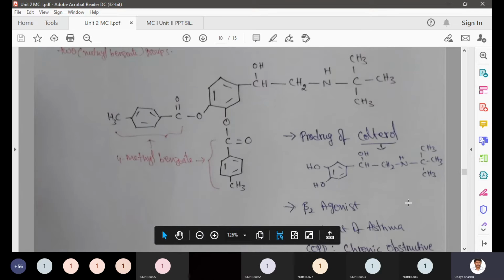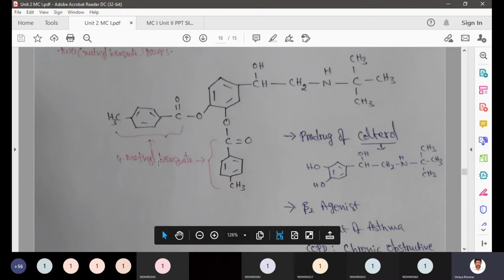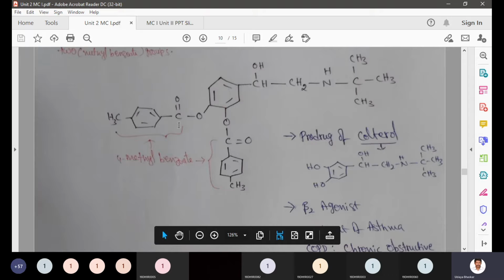Bitolterol is looking big, but it is very easy to remember by making this phenyl ring the center, and the hydrogens of these two OH groups are replaced with 4-methyl benzoate. Otherwise, this side chain is comparable with our other previous drugs. This is a prodrug of colterol. In colterol, the benzoate will be removed and the active drug is released inside the body.